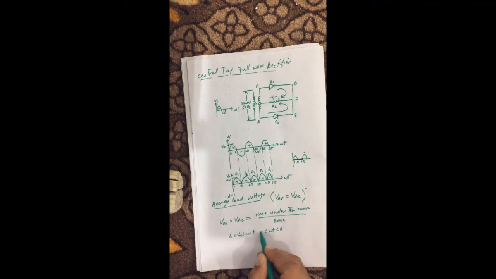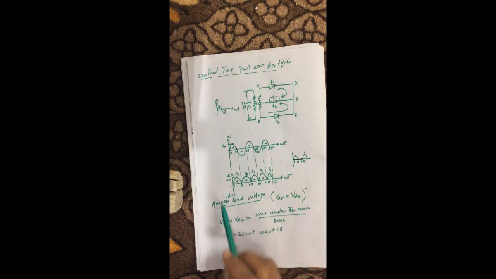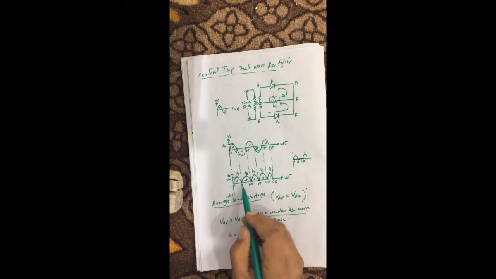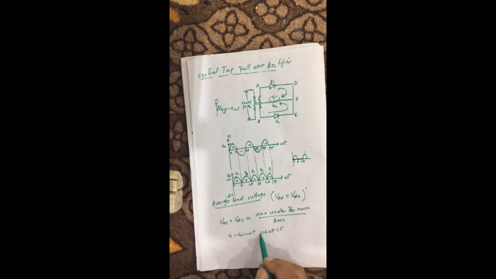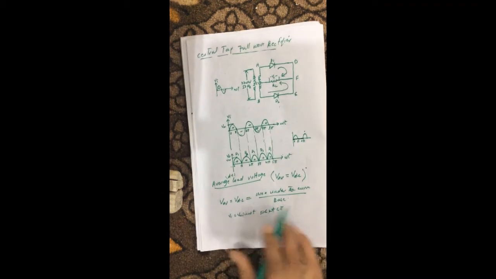And we know that we have the output voltage V0. Its value is Vm sine omega t, where omega t is greater than 0 and less than pi. So this is the period.